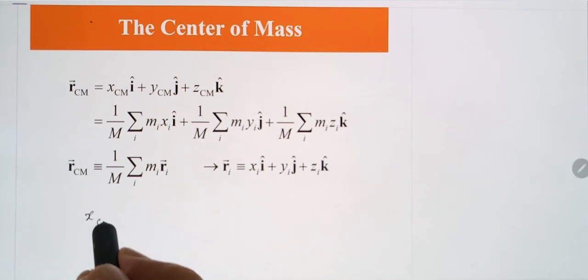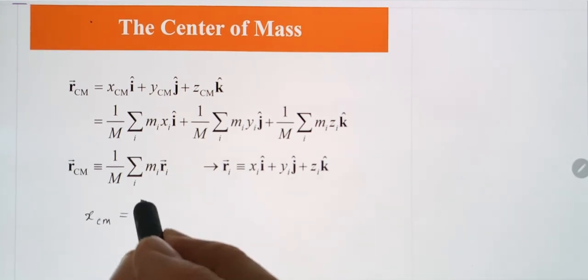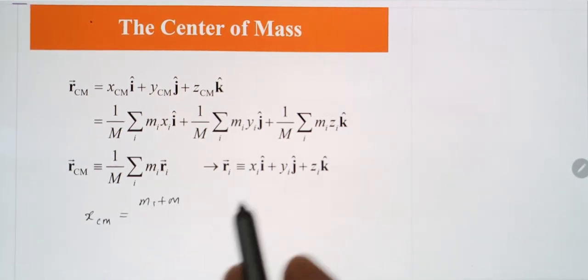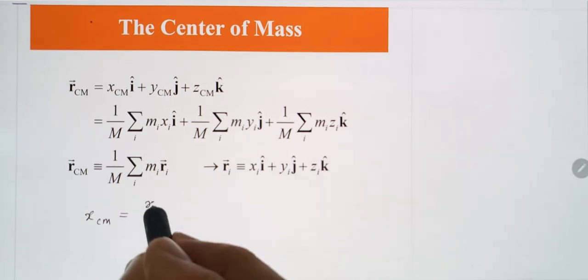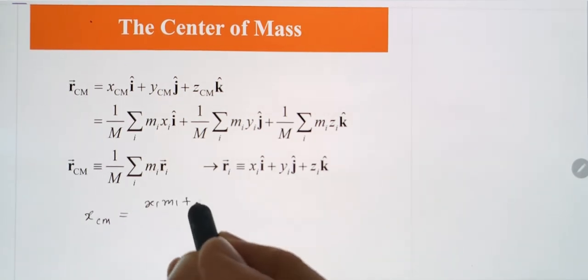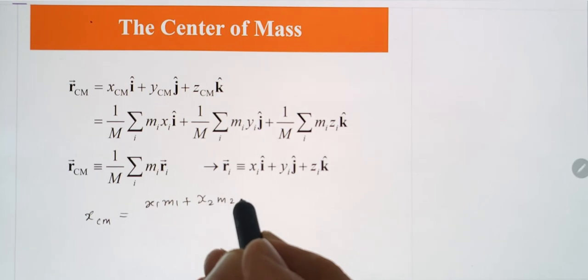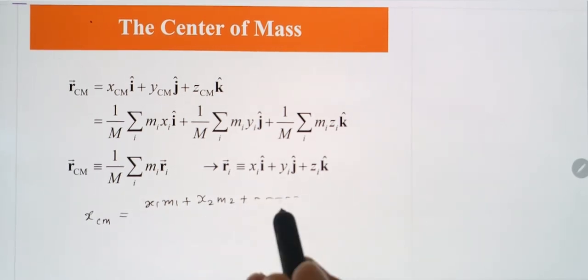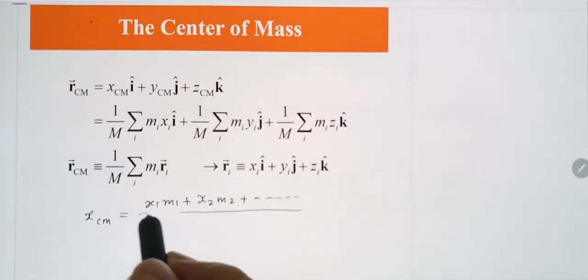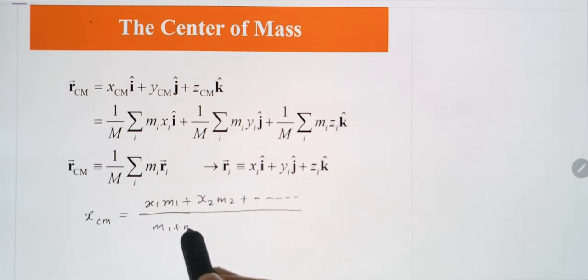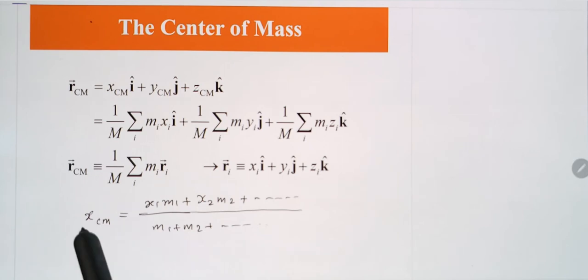X center of mass is equal to (X1 M1 plus X2 M2 plus etc.) divided by (M1 plus M2 plus etc.). So we are just applying the same equation.